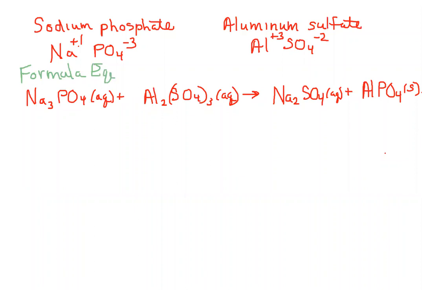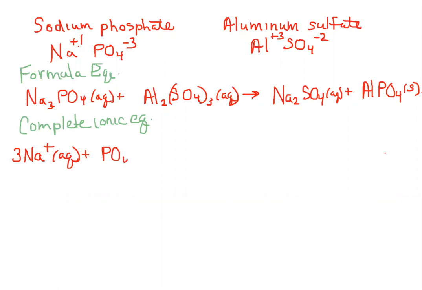Now let's do the complete ionic equation. Okay, with charges. There are 3 sodium here, so we're going to say 3Na with a plus charge. There's 1 phosphate, PO4, with a -3 charge.